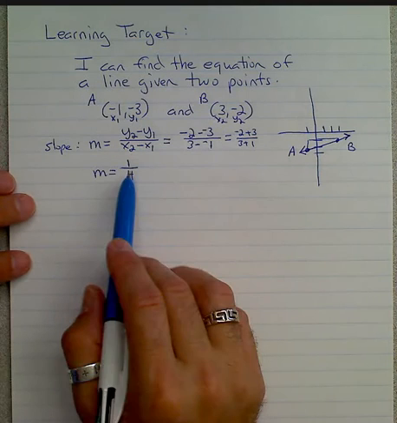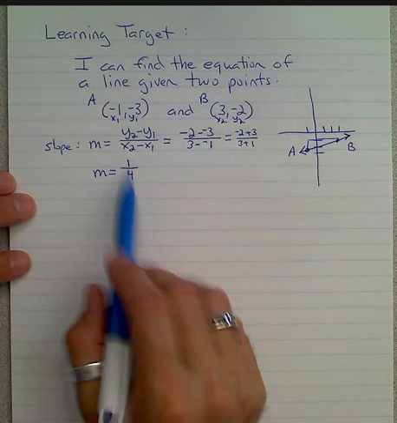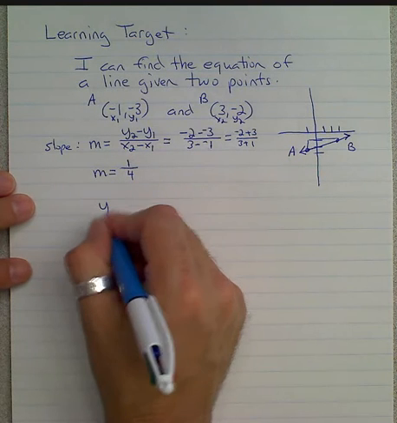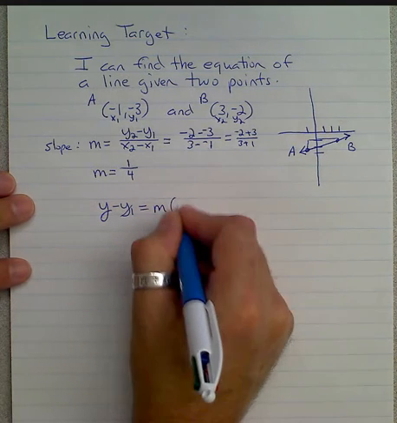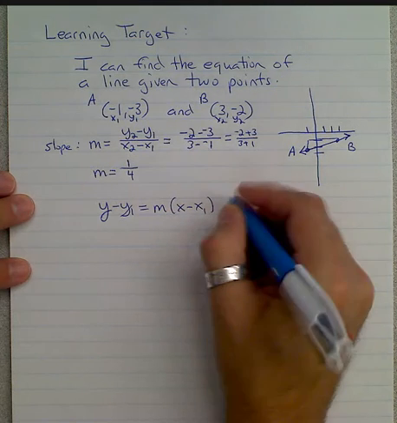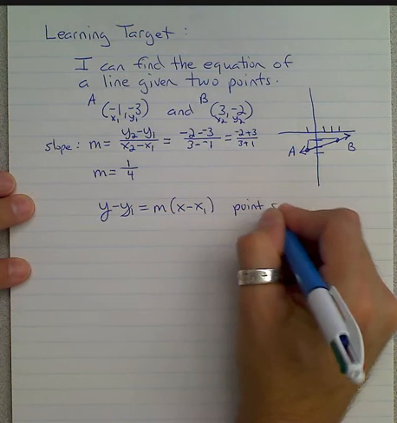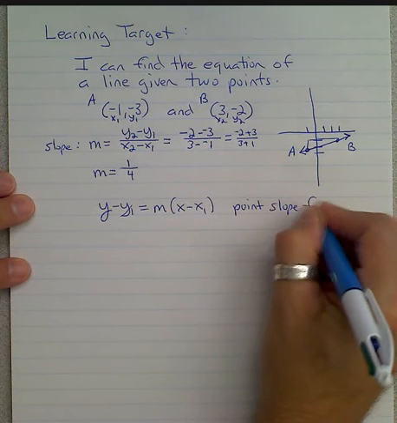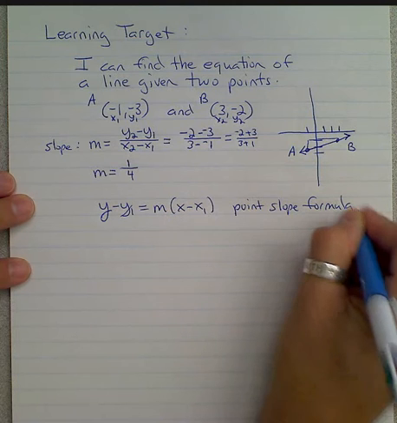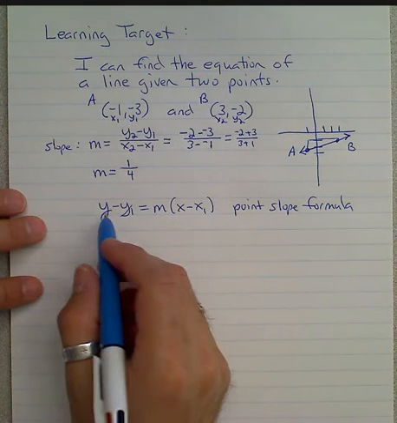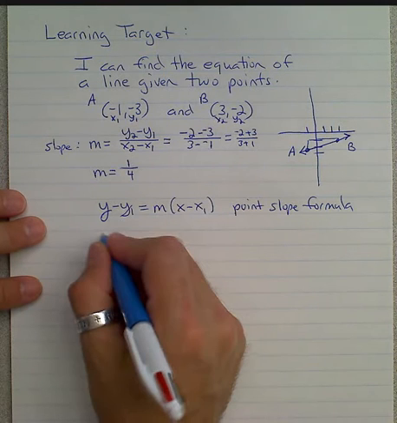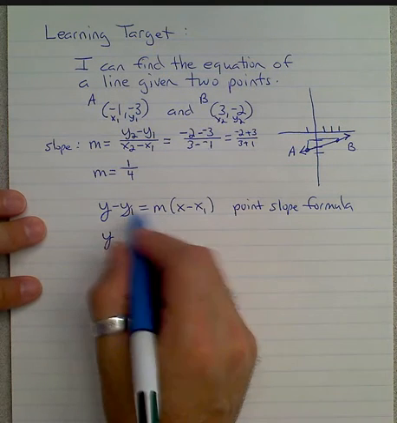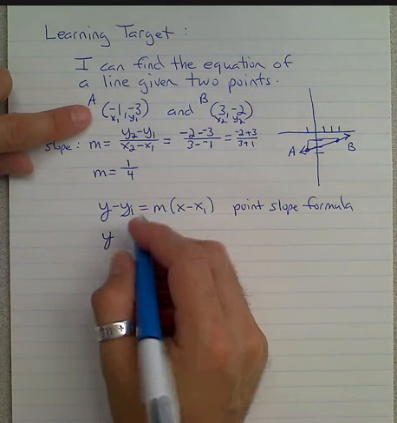Once I have the slope, I can then use what is called the point-slope formula. In the point-slope formula, the y and the x will stay as variables. The x1 and y1 is the point that I used up here.